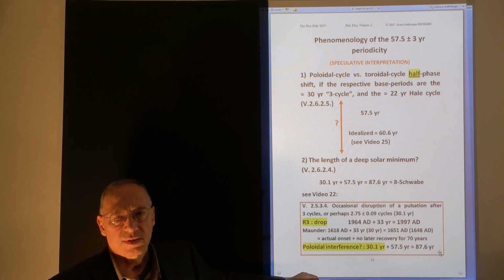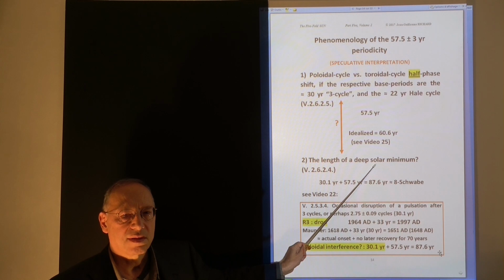It is also possibly because of this correspondence with a half-phase shift, or for some other causality, that it might be the approximate characteristic length of a deep solar minimum.